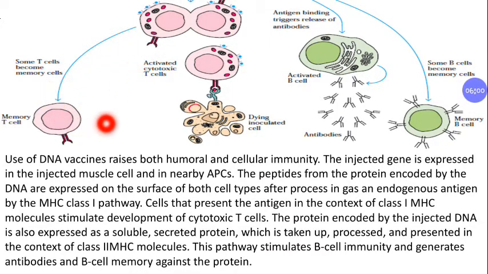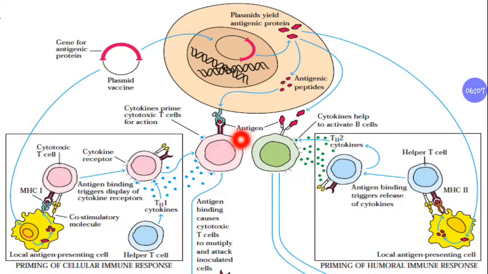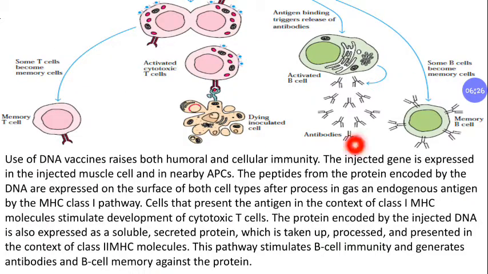So here we can see the development of cytotoxic T cells, and in the next pathway the protein encoded by the injected DNA is also expressed as a soluble secreted protein which is taken up, processed and presented in the context of class 2 MHC molecules. This pathway stimulates B cell immunity and generates antibodies and B cell memory against the protein.